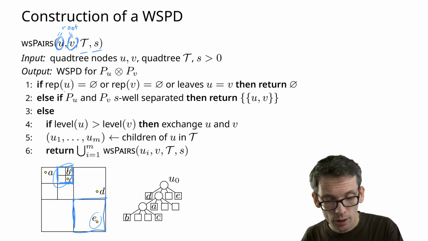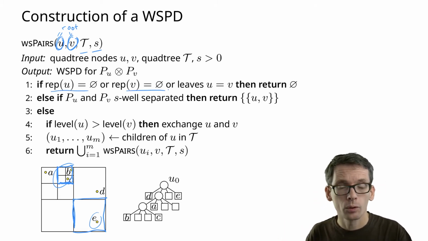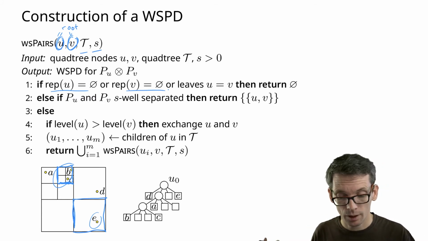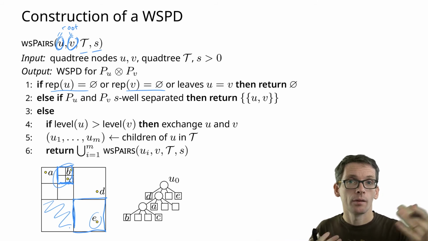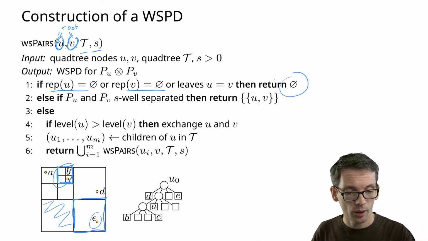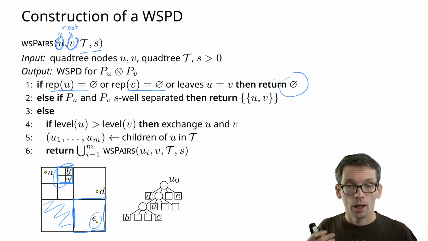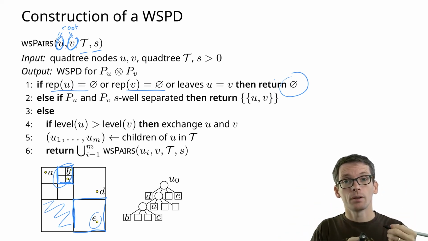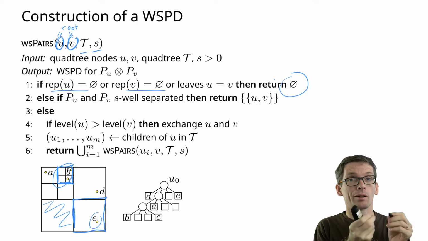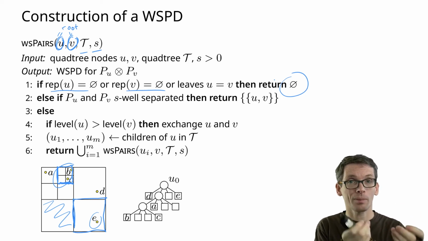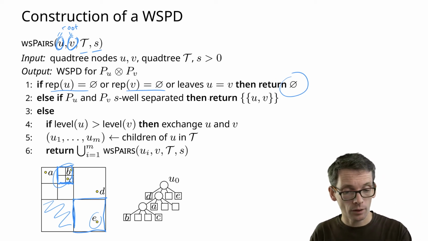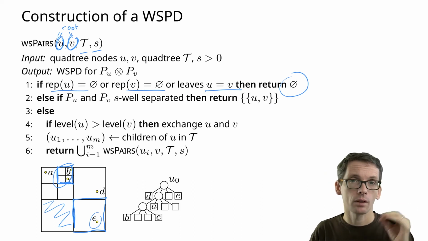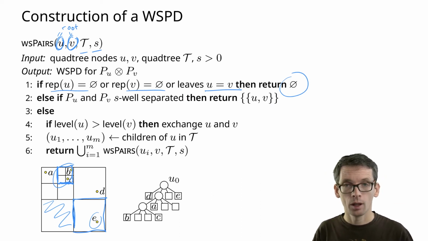The first is if one of the two nodes has no representative, meaning it's empty. If for instance I'm taking that one, there's nothing to report, so I'm reporting the empty set. Also, if U and V are the same leaf, there's nothing to do, because in U and V I just have one point, but the same point. So if they're the same leaf, again, I don't want to report anything.